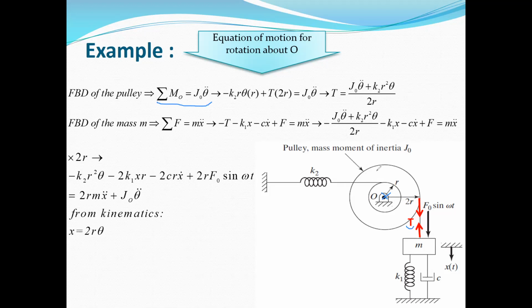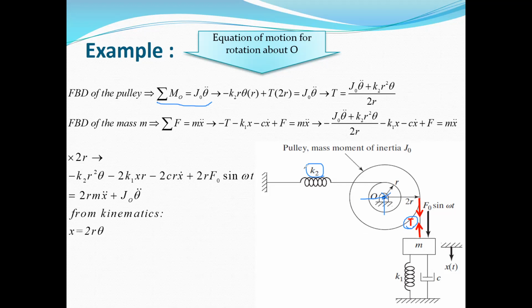If you plot the free body diagram for this pulley, we will have one force due to this spring K2, one moment due to this force T, and also we have the weight, and here at this point we have the reactions of pin O, but because they pass through the point O, they will not appear in the moment equation.